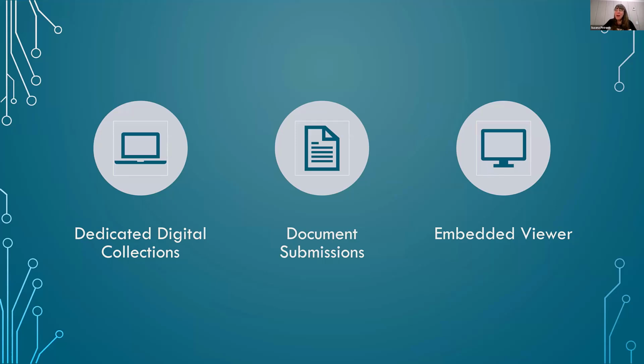So we've seen some great features so far dedicated to building out your DIY digital collection. They include dedicated digital collections, which was having a look at those resources we had off the search menu; the document submissions feature, which I got a little bit excited about because I do love it, and that's a way you can grow your collection with or without the help of AI; and how useful were those embedded viewers for everything from images and videos to documents?